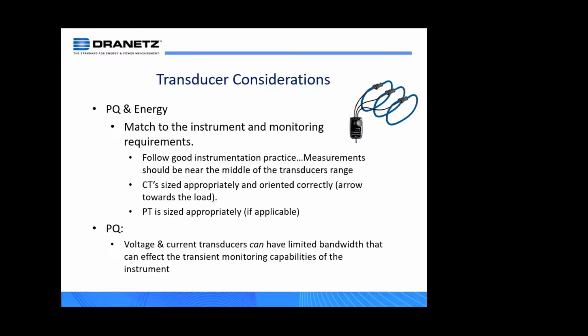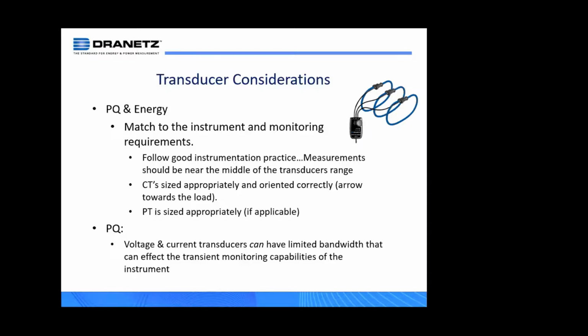For power quality, you might be able to get away with it because we're not doing any energy monitoring where we have to depend on things like the phase accuracy of the CT. We just want to see current so we can make the determination if a disturbance is upstream or downstream. So you can probably get away with that. For energy monitoring, it's not recommended.